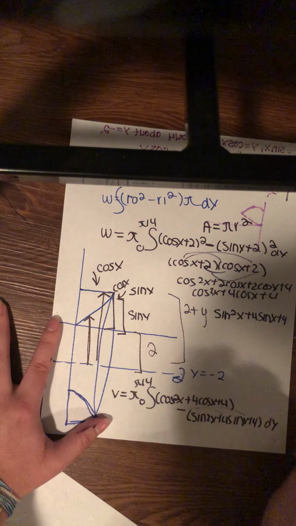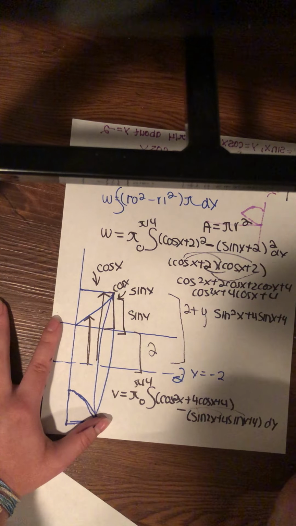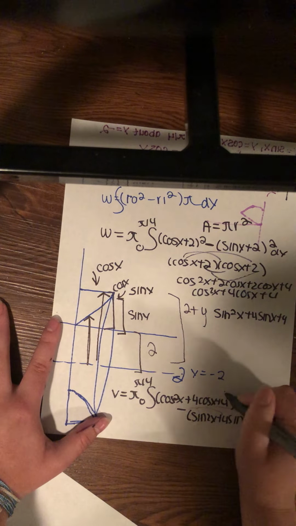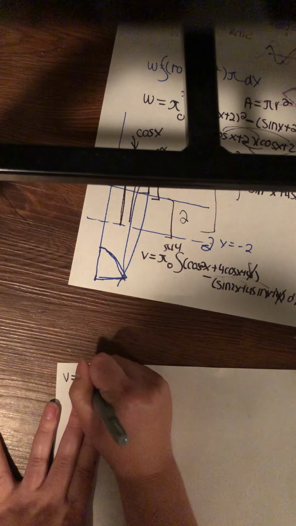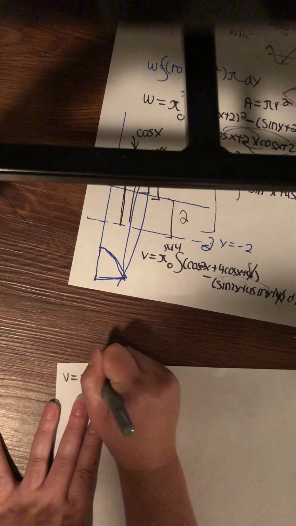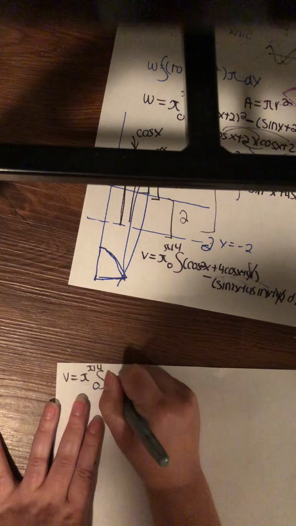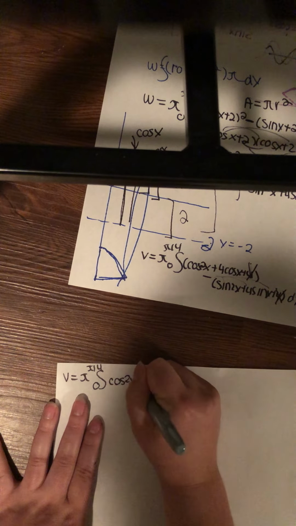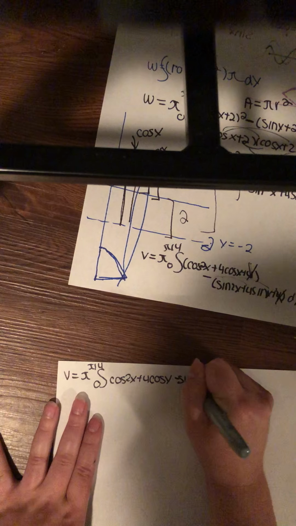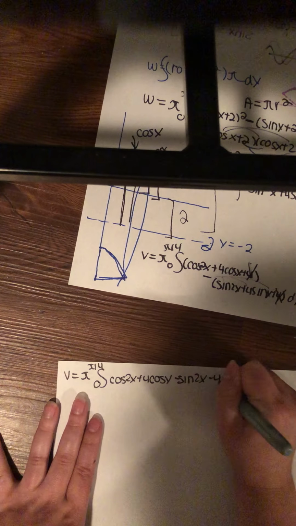So it'll be negative sine squared x minus 4 sine x minus 4. This is a positive 4. When we're just subtracting them, these two are going to cancel out. So to further simplify this, minus sine squared x minus 4 sine x.